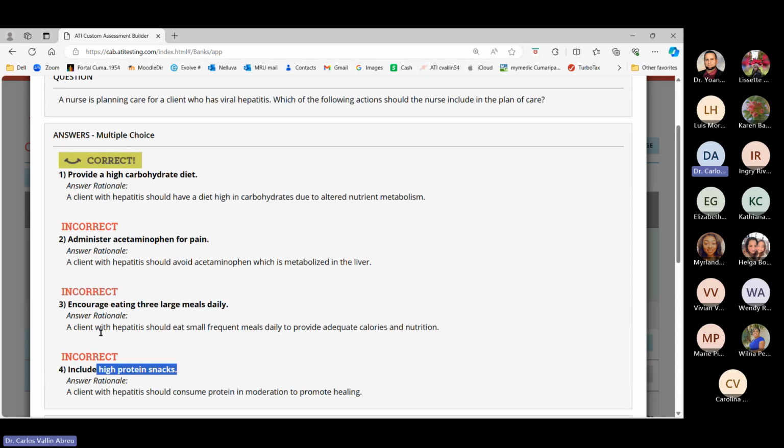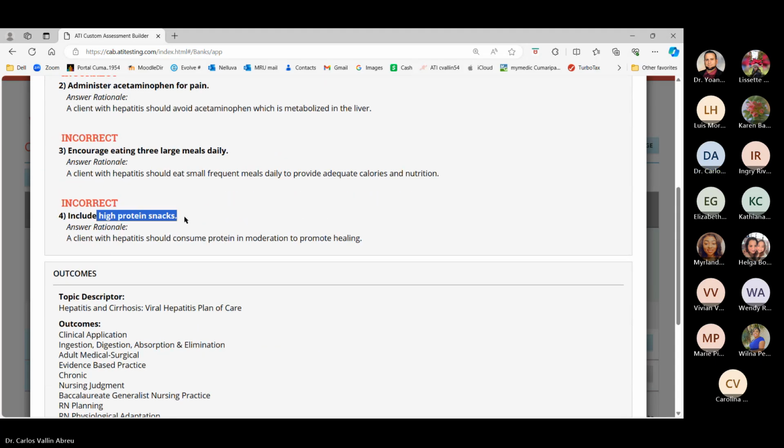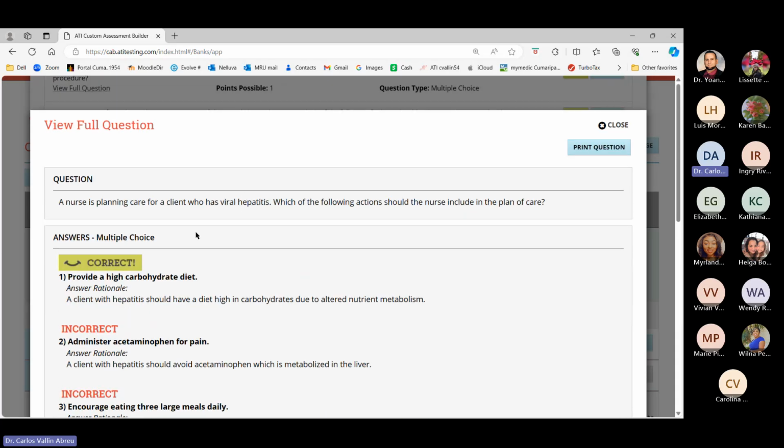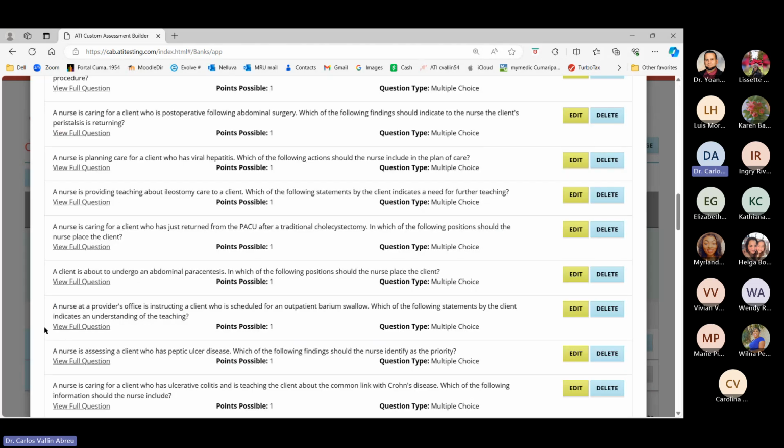Nevertheless, Kaplan insists on increasing protein in clients with liver disease. So you are going to discover that nursing is not an exact science like mathematics.